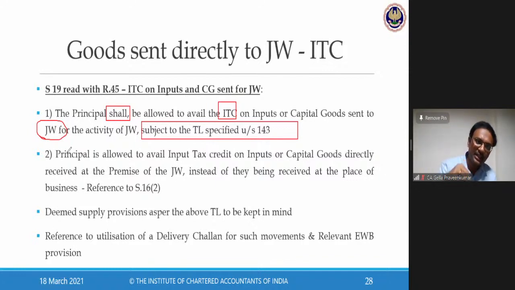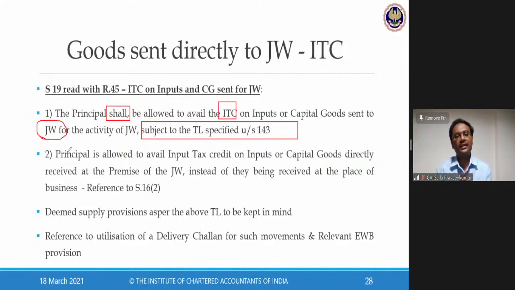Sitting in Haryana, I do audit after say 6 months. How do I know in the month of January, these goods were actually received by C? I don't visit Bihar. I'm not there physically. How do I know that these goods were actually received by this job worker?